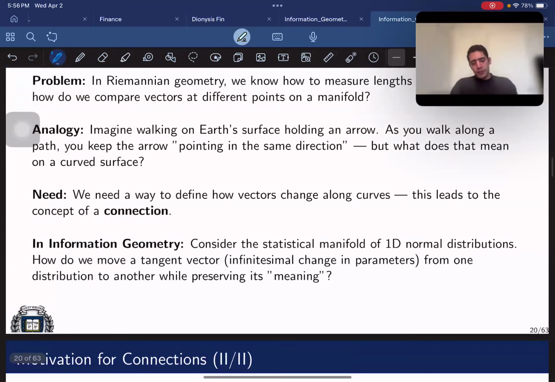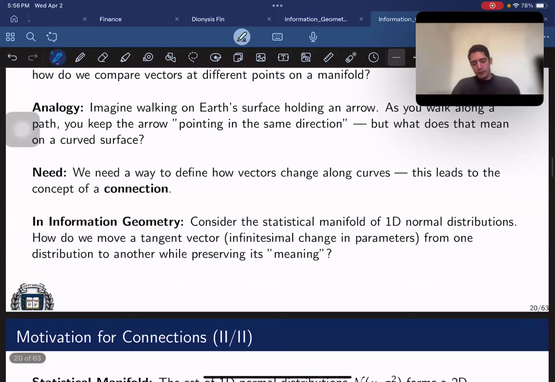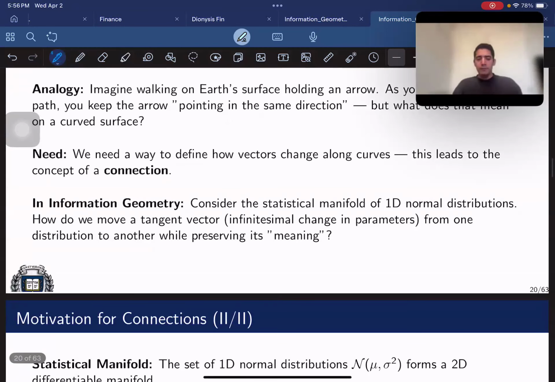In information geometry, consider the manifold of normal distributions, for example. If we are able to move tangent vectors, then consider tangent vectors as the push you need to go from one normal distribution to another normal distribution. So if we are able to talk about changing the tangent space, we can take gradients and move alongside the gradients.